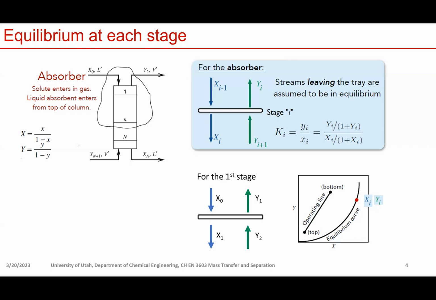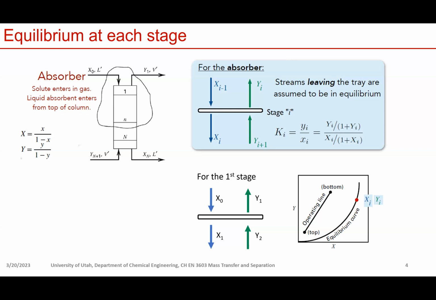Similarly here, we can plot the mole ratio instead of mole fraction, and mole ratio and mole fraction are connected this way. That will similarly give you an equilibrium curve that looks like this.